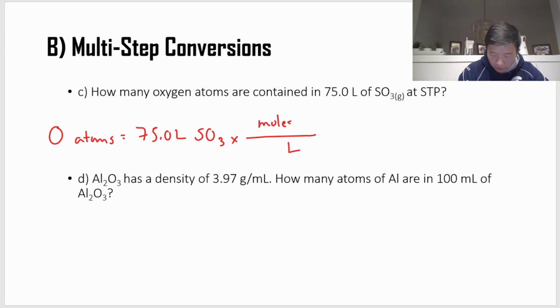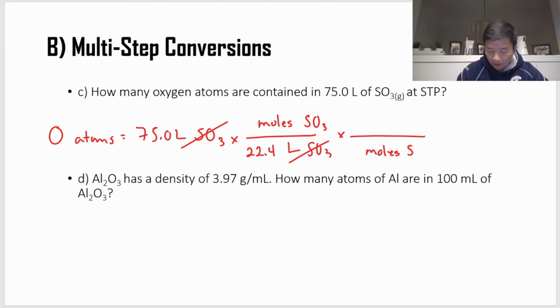So this is moles of SO3, per 22.4 liters of SO3. These can cancel out. I have moles. Now I want to convert moles to atoms. So once again, one mole of SO3 is going to be 6.02 times 10 to the power 23 molecules.